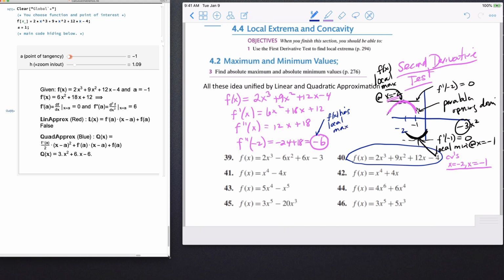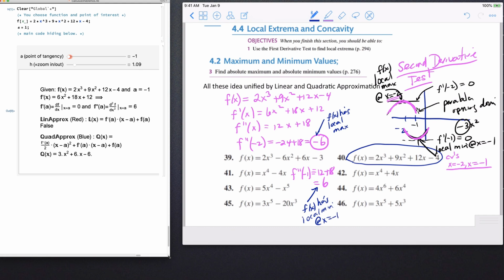And we can see also that the second derivative at -1 comes out to be -12 plus 18, which is a positive 6. Okay? And because it's positive, the quadratic approximation is going to open upward, which means that when the second derivative comes out to be positive at a critical value, the function has a local minimum at x is equal to -1.